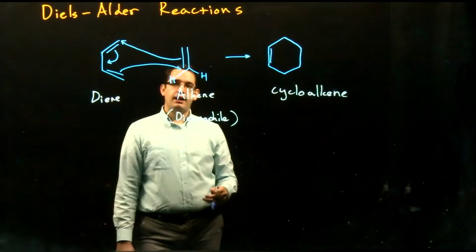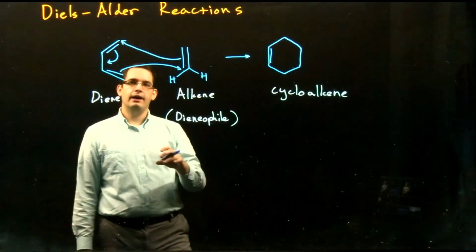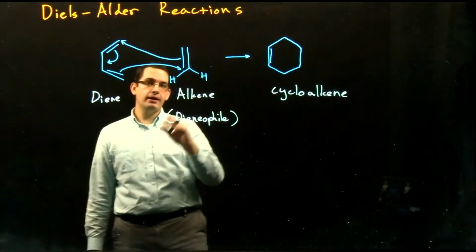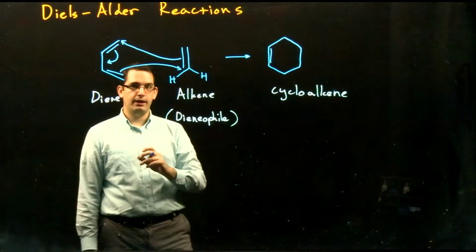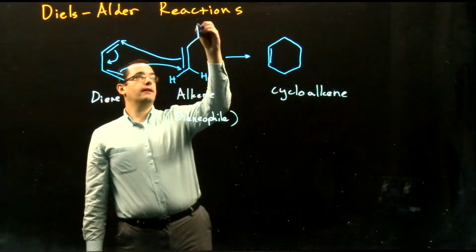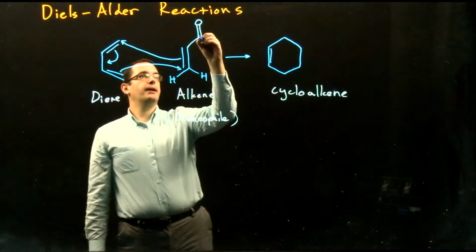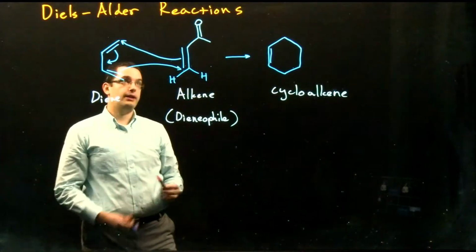So if we want to speed up our reaction and make it more likely to occur, what we can do is add electron withdrawing groups onto our dienophile, or our alkene here. An electron withdrawing group would be any kind of electronegative group that might help to pull electron density away from that alkene.